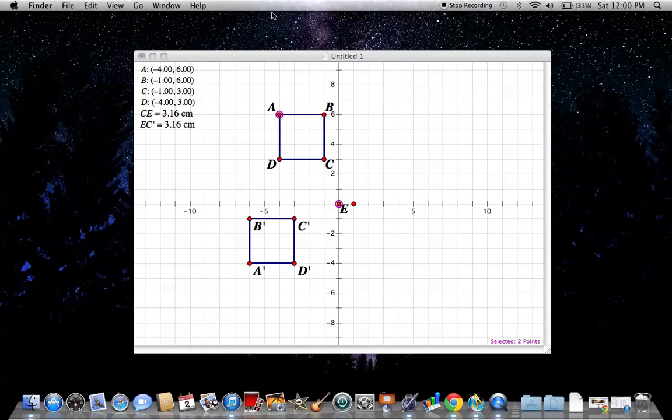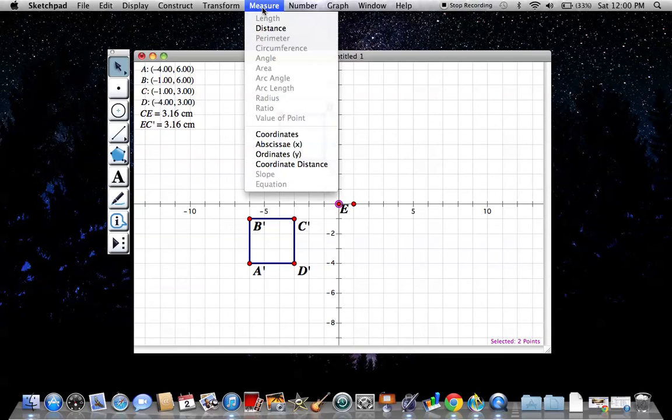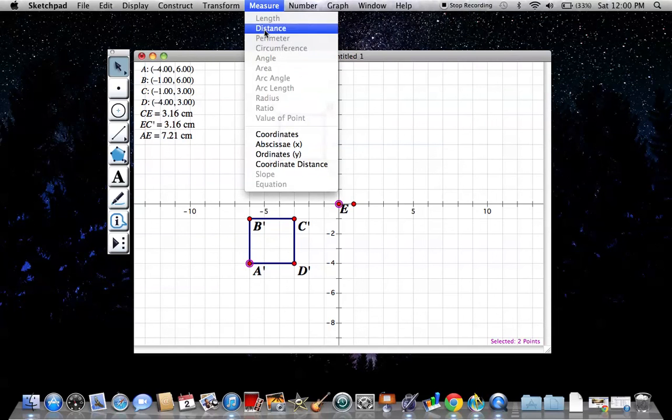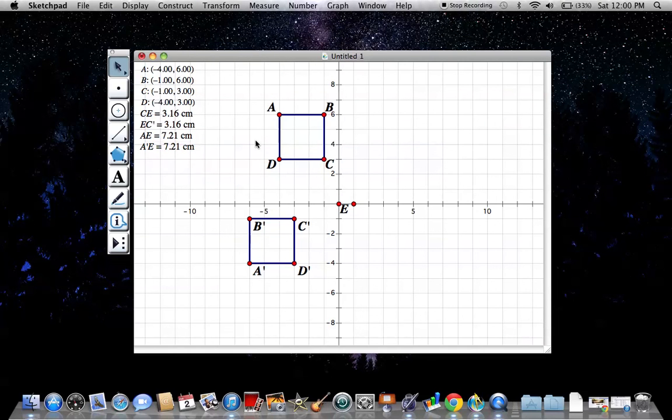A to E, measure distance from A prime to E, same distance. So the distance from the point of rotation, P, to any point on the pre-image is the same as the distance from P to any image point. Okay, so that is a rotation.